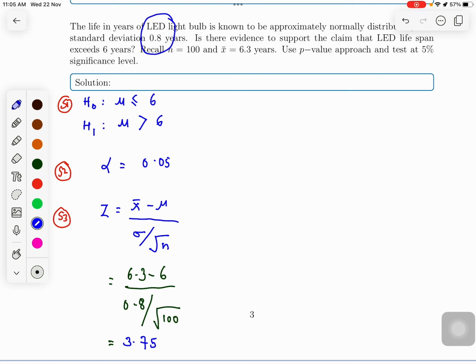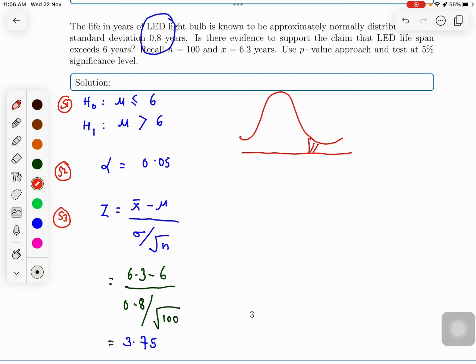Okay, so macam biasa, what we need to do is lakar ni, and we know that this is the right tail test.